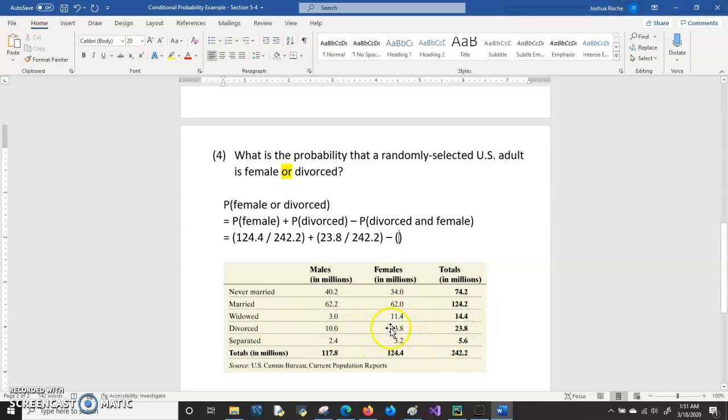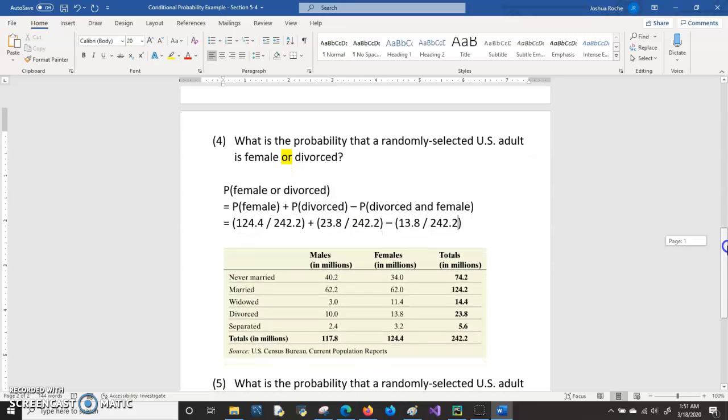So that's 13.8 divided by 242.2. And I won't calculate this right now, but you would add the two fractions and subtract this fraction, and that would give you that probability.